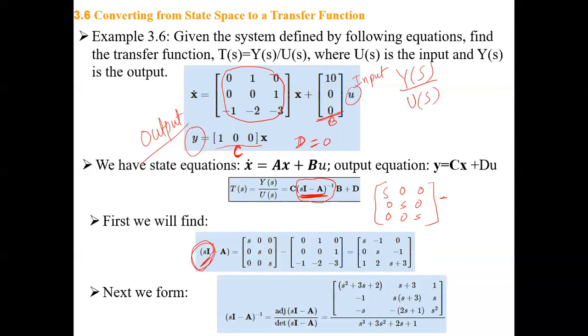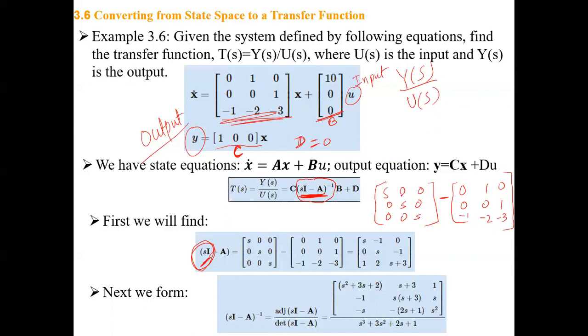Then you have to subtract A from this. What do you get if you subtract this guy? 0, 1, 0, 0, 0, 1, right? Then what do you have here? Negative 1, negative 2, negative 3.